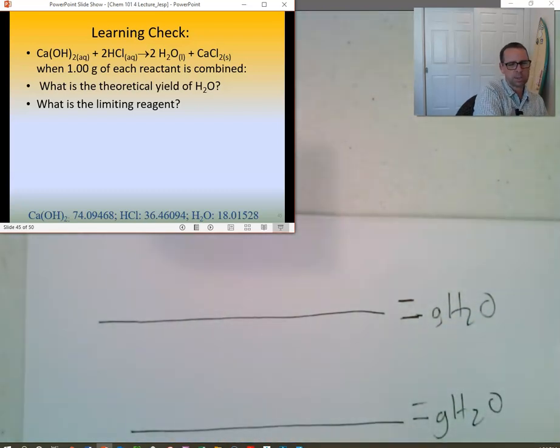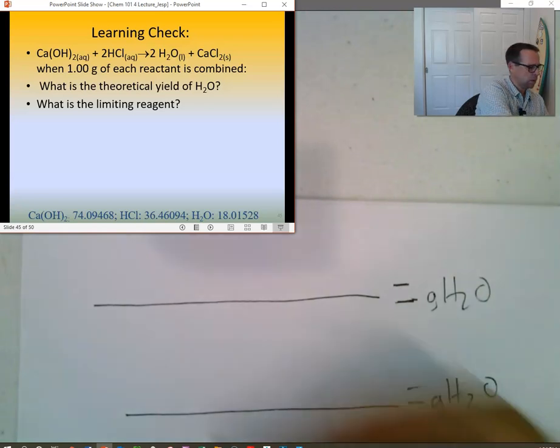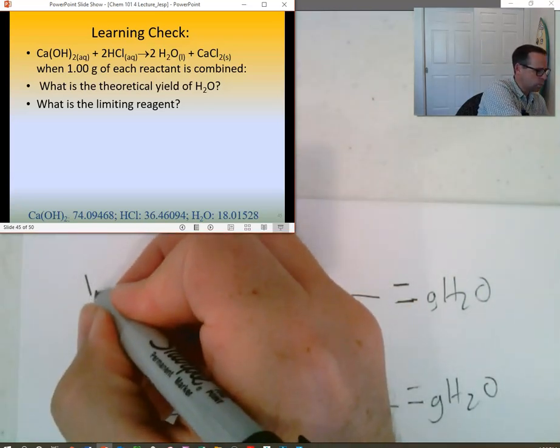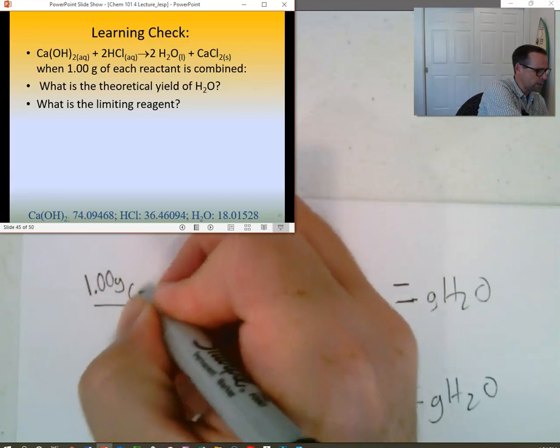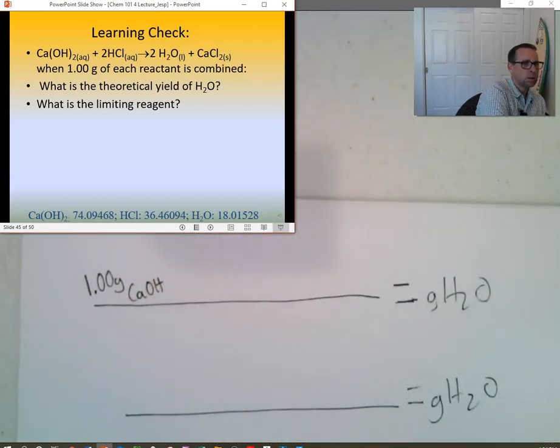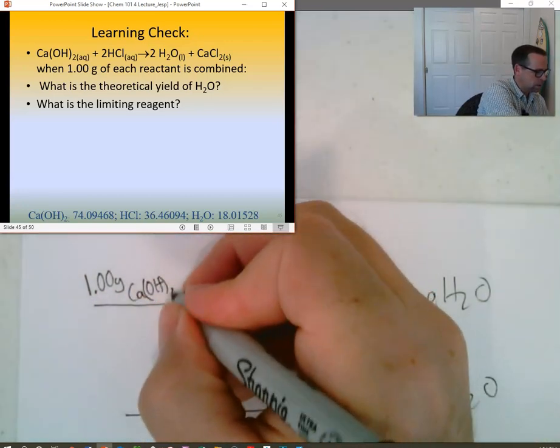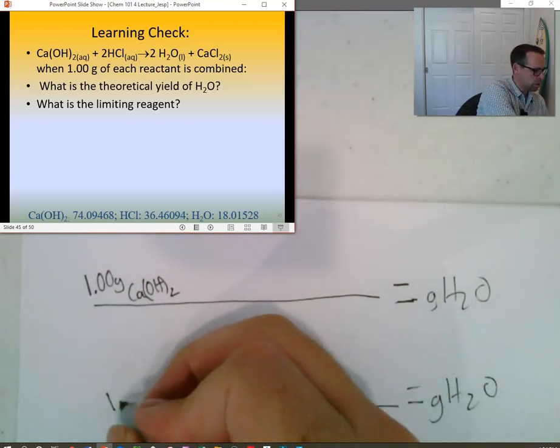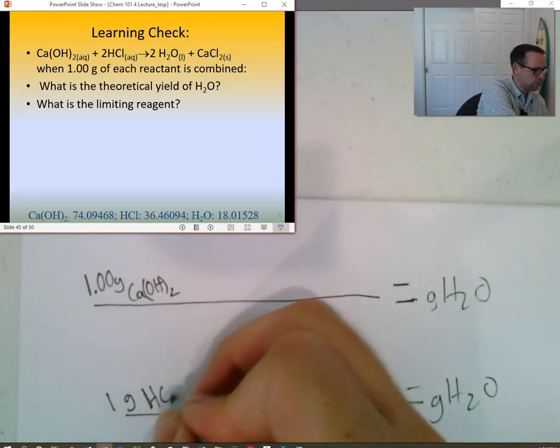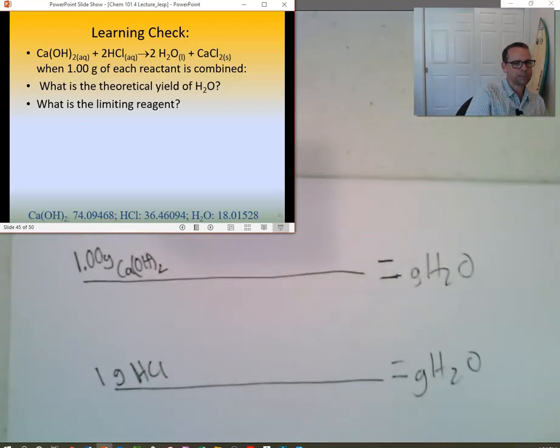And I wrote it twice because we are going to have to do it twice. One scenario, I start with 1 gram of the calcium hydroxide. And in another scenario, I start with 1 gram of the HCl. Okay?